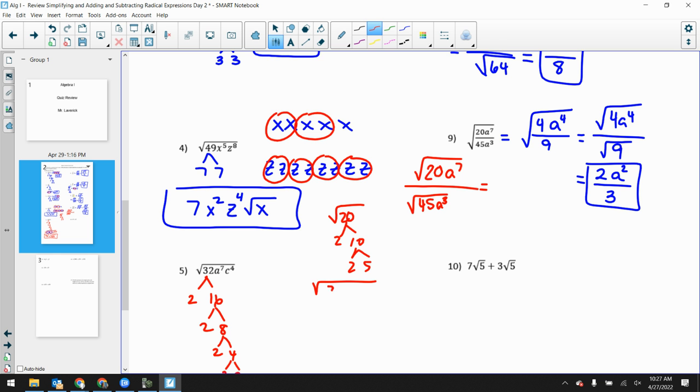So 2 times 2 times 5, and then a to the 7th. Buddy up with my set of 2s, and that would be 2, and then 7 divided by 2 is 3. A to the 3rd with a 5a staying in. Yuck.